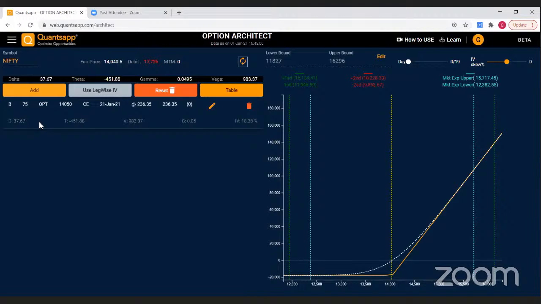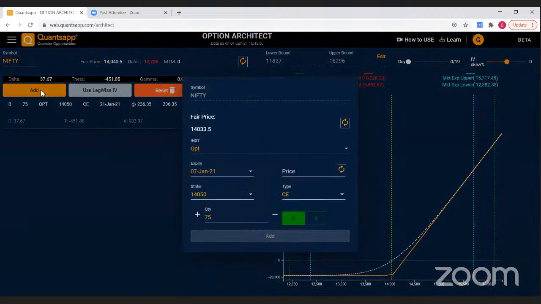So this is something you should be looking into: how the option Greeks are going to behave and how they are going to change the payoff. Now we have this one-leg strategy. I'm going to add one more leg and see how you can turn a one-leg strategy into a two, three, or four-leg strategy.